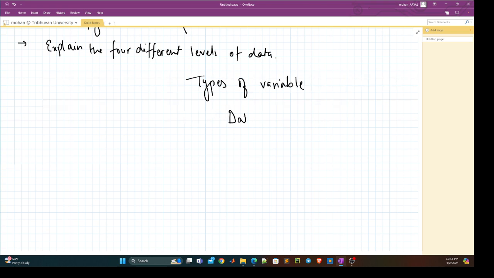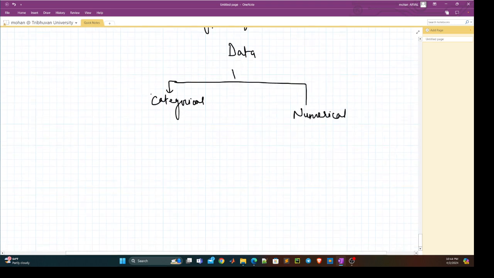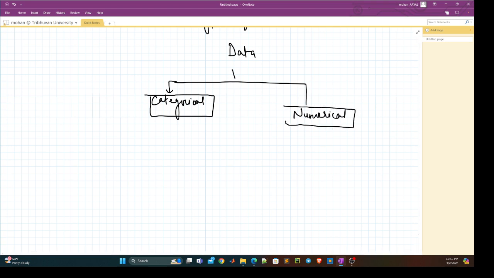First there is data. This data can be either categorical or numerical.